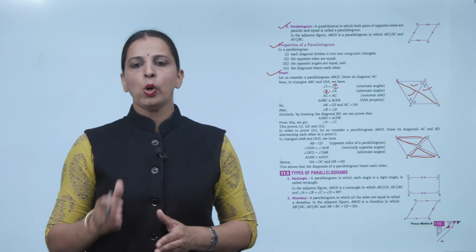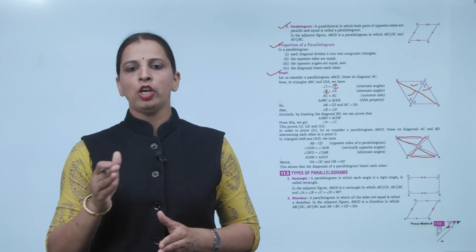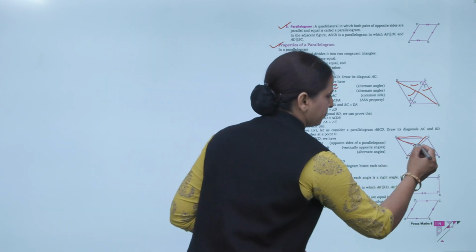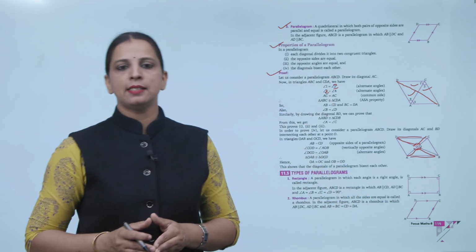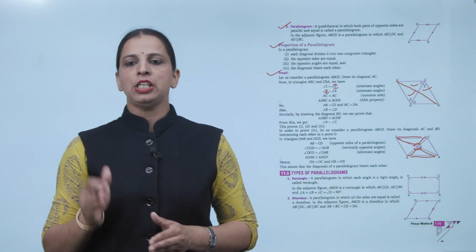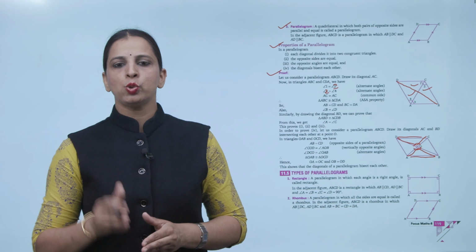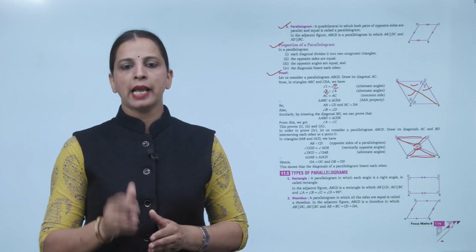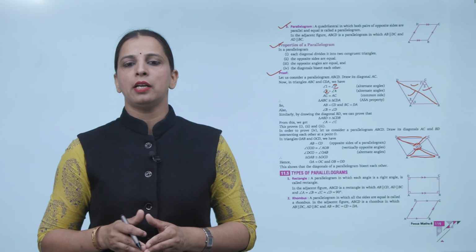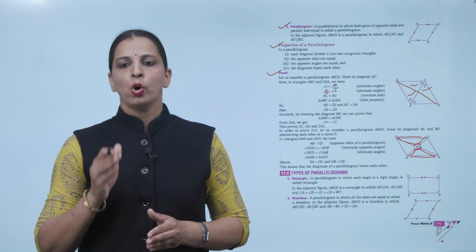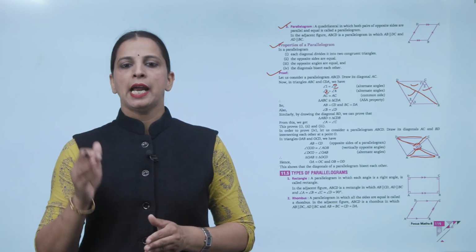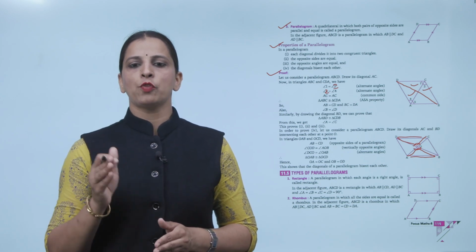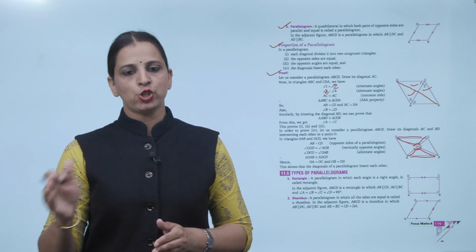Angle COD is equal to angle AOB, vertically opposite angles. Angle DCO is equal to angle OAB, alternate angles. So, triangle OAB is congruent to triangle OCD. Hence, OA is equal to OC and OB is equal to OD. This shows that the diagonals of a parallelogram bisect each other.